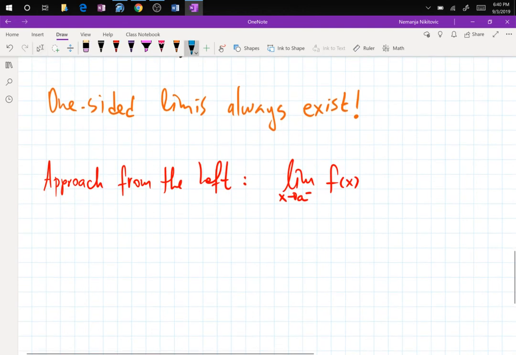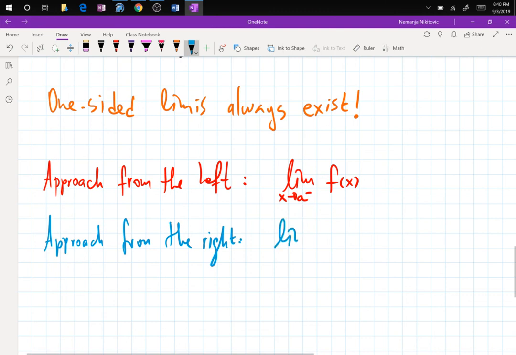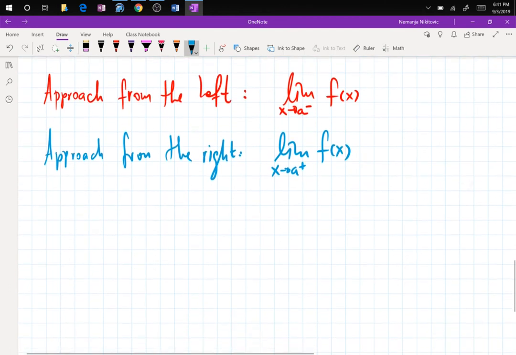Now the blue side is the Romeo, so approach from the right, and that is going to be limit of f of x where x approaches a plus, and that would be from the right. So now we have these two, what we call one-sided limits.